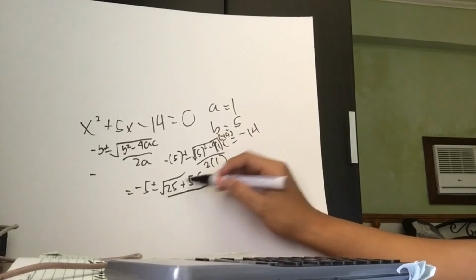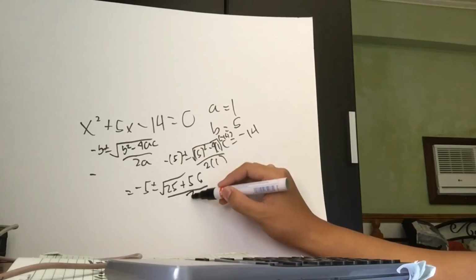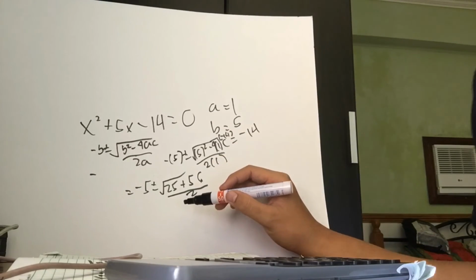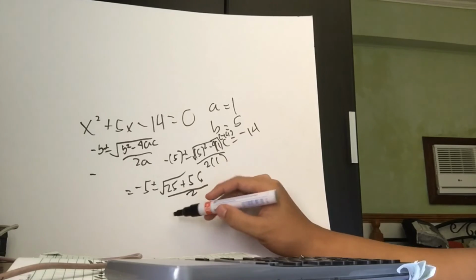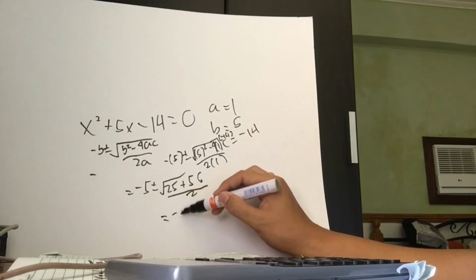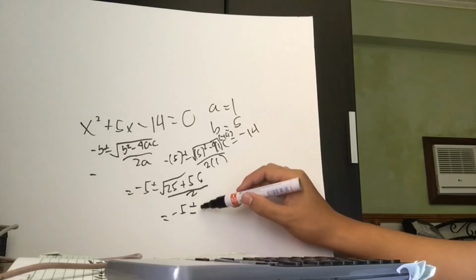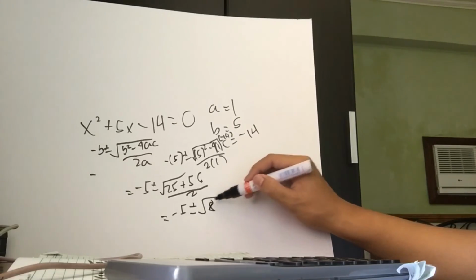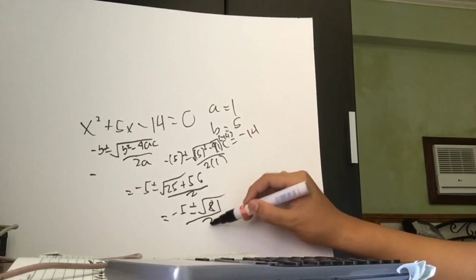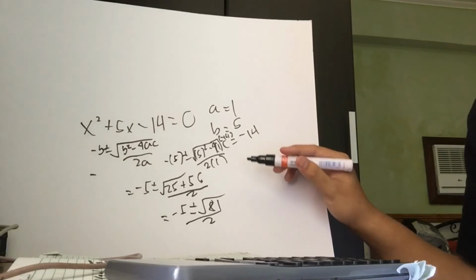Once we solve, this would become it. The answer, when you add this, will become 81 over 2. Now, you just have to find the x of 1.